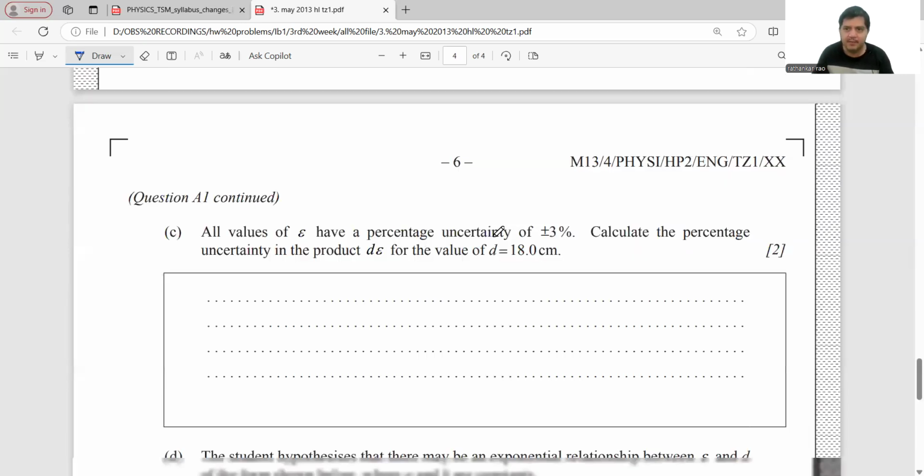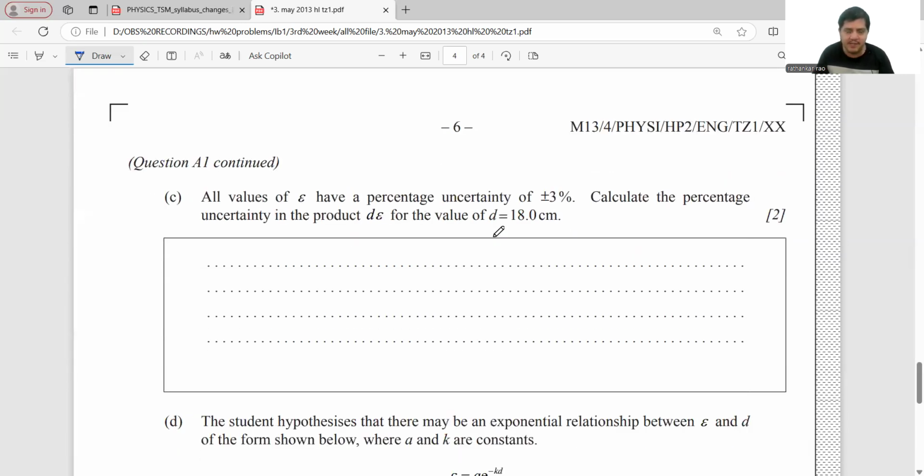Next. All values of E have a percentage uncertainty of 3%. What is being given? Percentage uncertainty for E, which means he is giving you delta E by E equal to 3%. Calculate the percentage uncertainty in the product DE for the value of D equal to 18 centimeter. Whenever you have a product like this, you just assume Y is equal to DE.